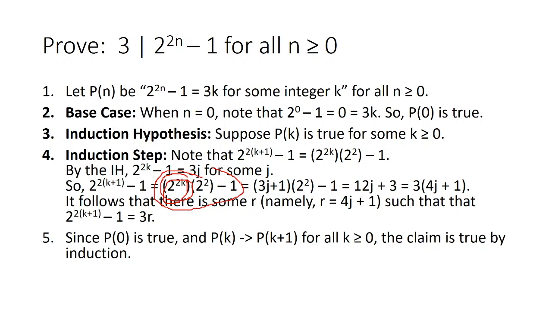So yeah, this will be here. We can move this term to this side, and that will be 3j plus 1 multiplied by 2 squared minus 1, and this will be like this.